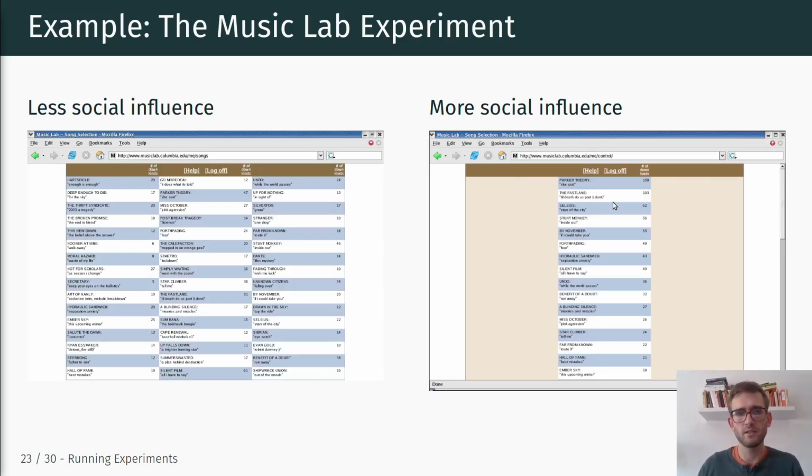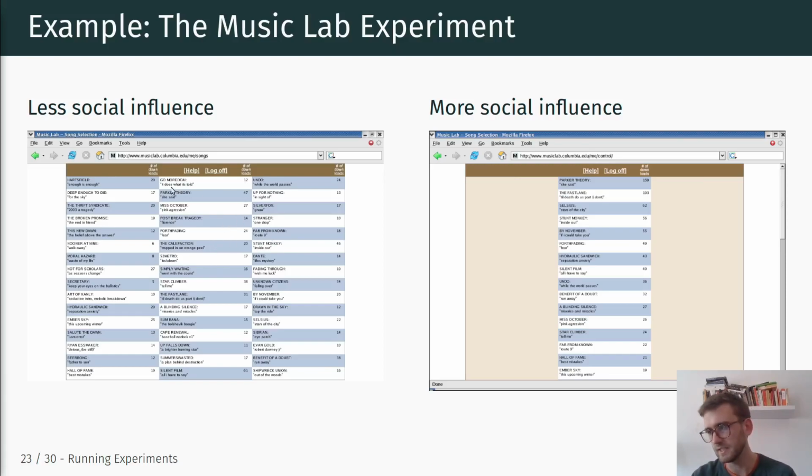So comparing different treatment conditions, if we look at the less social influence condition here, we see some information. I hope you can read this, but the slides are on Canvas, and you'll be able to see it there.